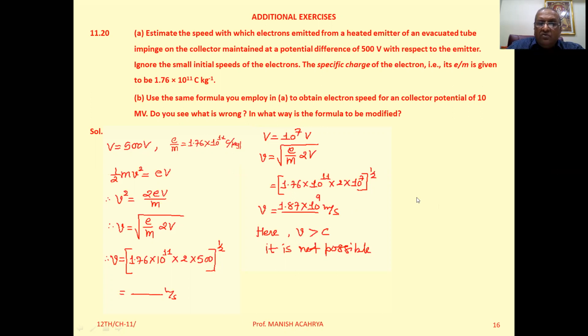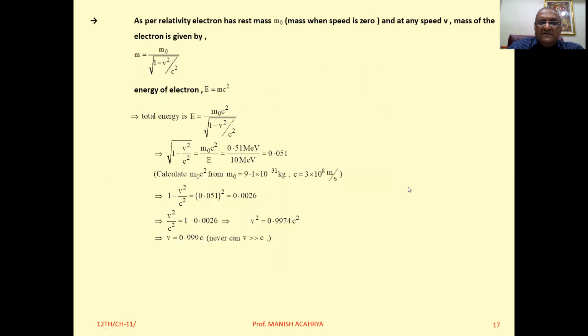So now we have to modify the formula like this. Here we have to consider the relativistic mass of the electron.